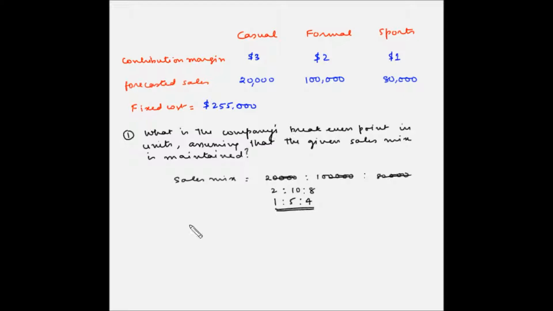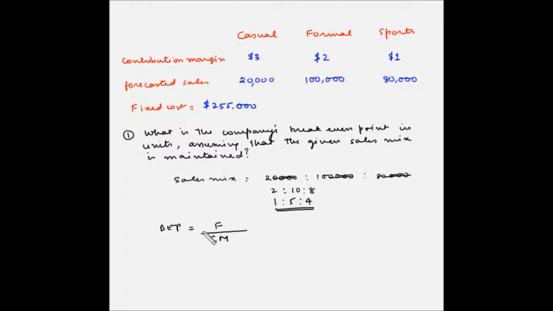Now here we have to find out the break-even point in terms of units. So the break-even point is equal to the fixed cost divided by the contribution margin. Now we know the fixed cost, which is $255,000, but the contribution margin in this example is different for each of the product lines.